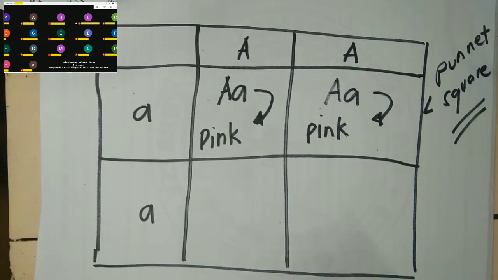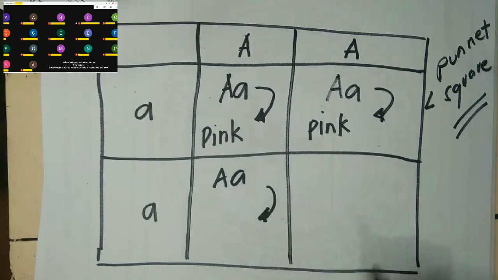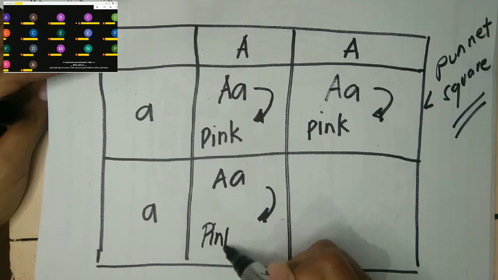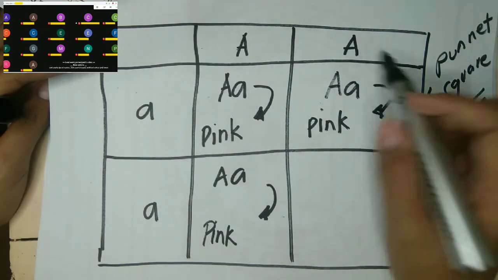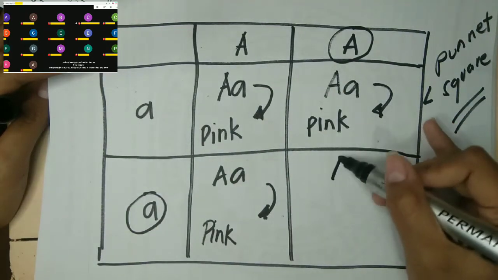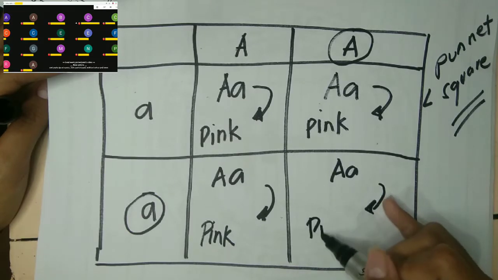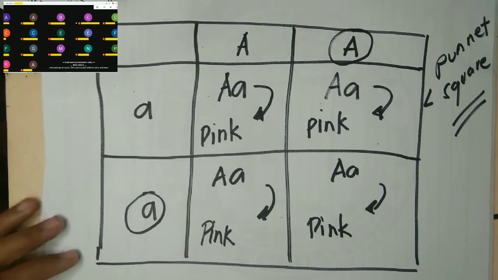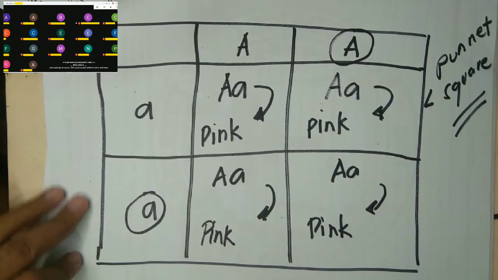We have pink also. Okay? Very good. Next, the last box, we have capital letter A and small letter a. We have also a pink flower. Very good, guys. Did everyone follow?